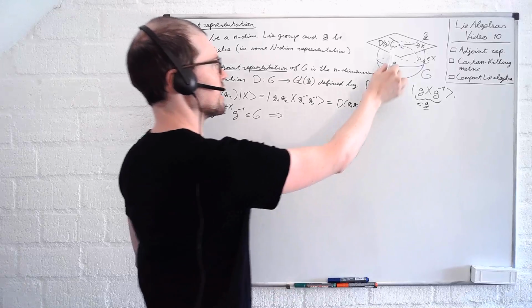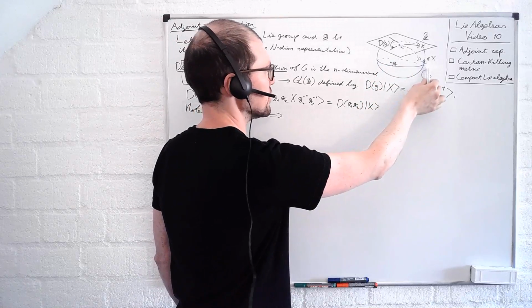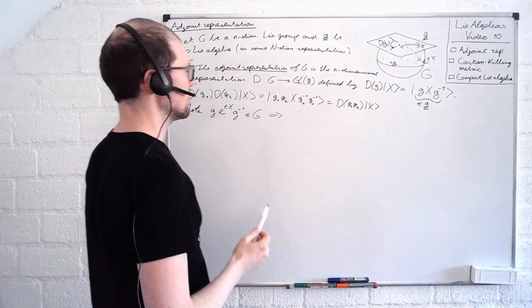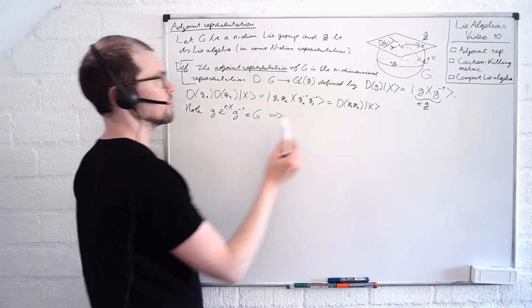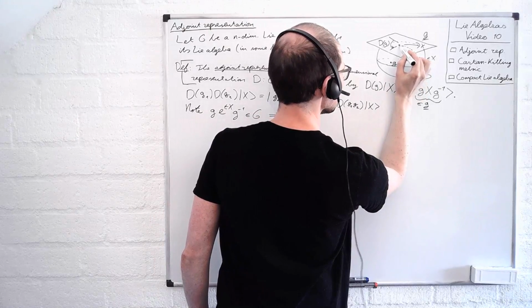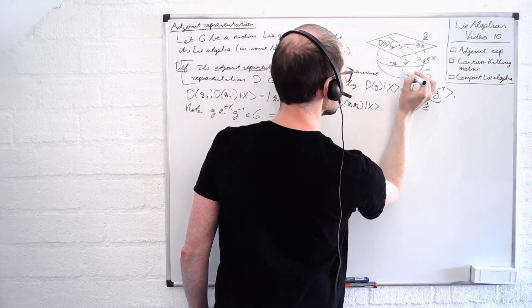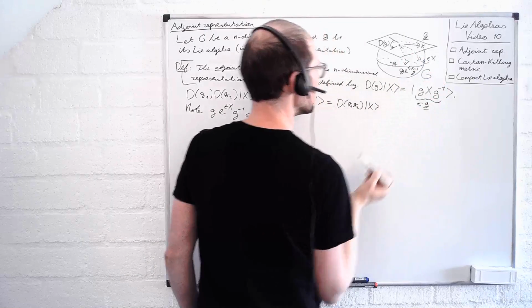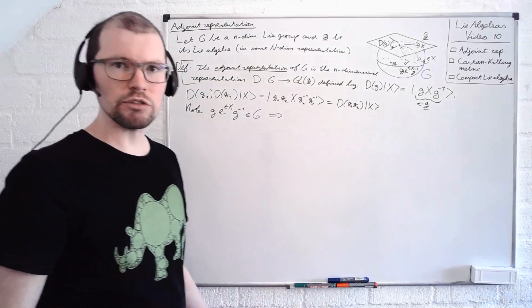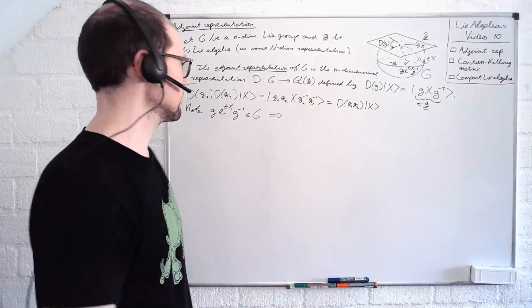So in particular, it has a tangent vector, and the tangent vector to this curve is just x. But I can also look at the tangent vector to the parameterized curve g e to the t x g inverse, which is a different curve, of course. It will also have a tangent vector, and by construction it has to be a generator then.